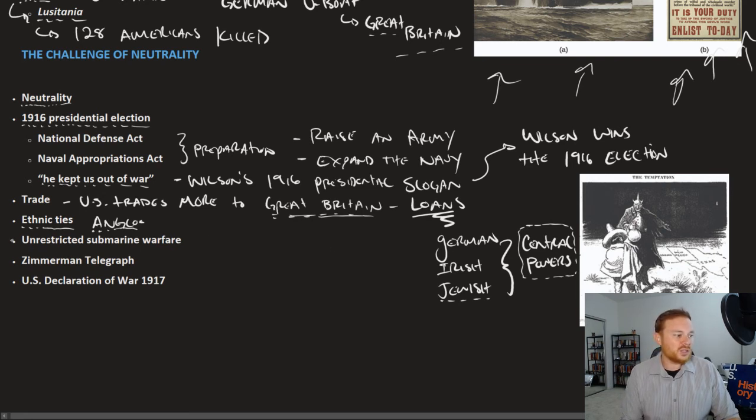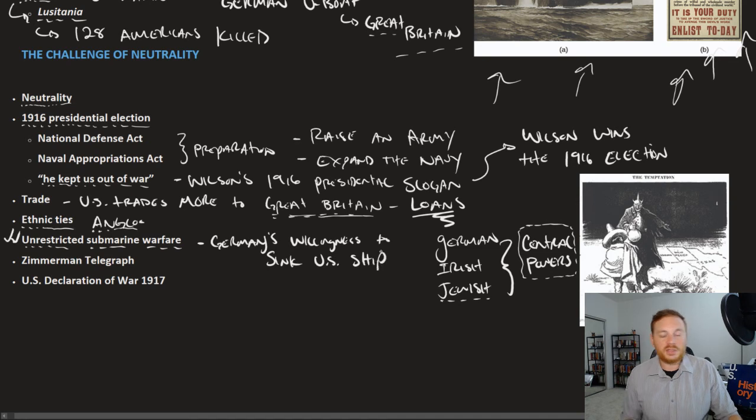The major thing that gets the US really, I would say, probably the furthest away from a neutral position into the conflict is Germany's decision to use unrestricted submarine warfare. That is Germany's willingness to sink US ships, despite the fact that the United States is not in this conflict.